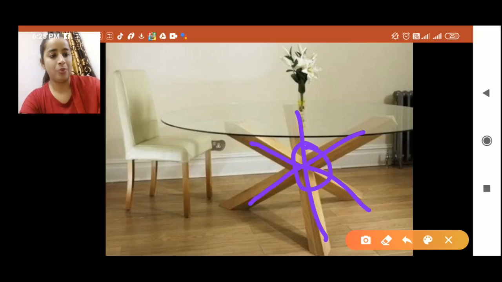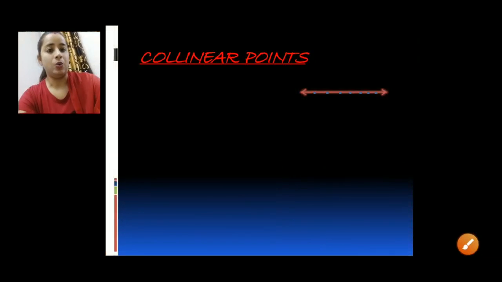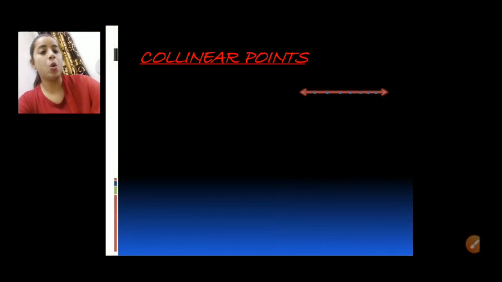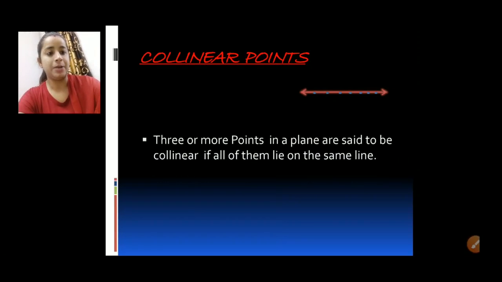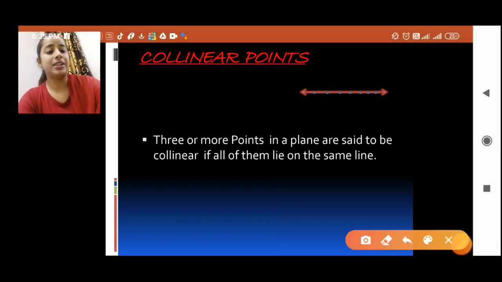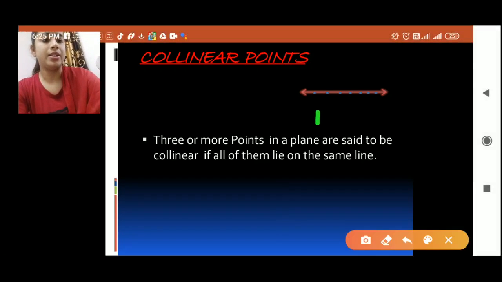Now our next topic is collinear points. Three or more points in a plane are said to be collinear if all of them lie on the same line. Here you can see that there are many points: 1, 2, 3, 4, 5, 6, 7.